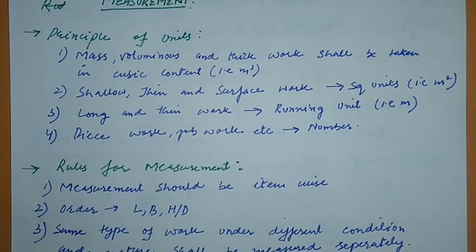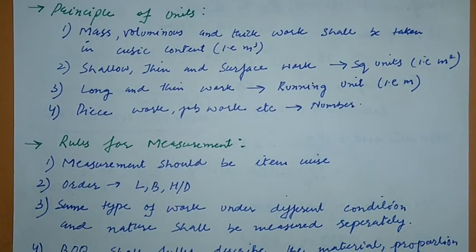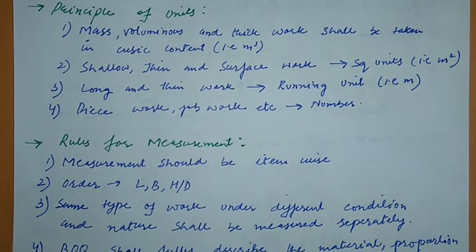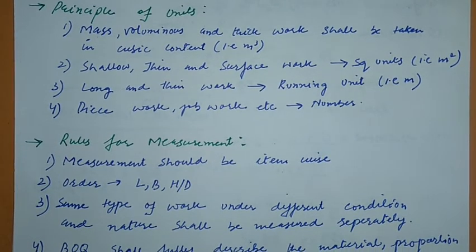The same rule says to us that the same type of work under different conditions and nature shall be measured separately. So we need to understand this rule. It basically means, for example, if we have a brickwork in foundation, and then we have a brickwork in superstructure, this is the same type of work, but they are in different conditions, therefore they should be measured separately.